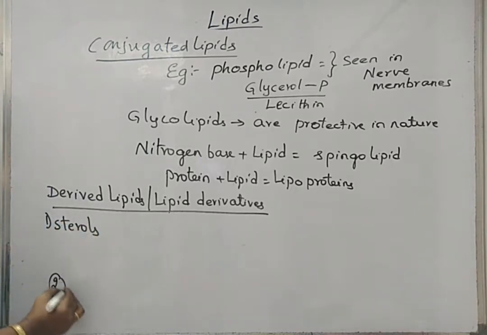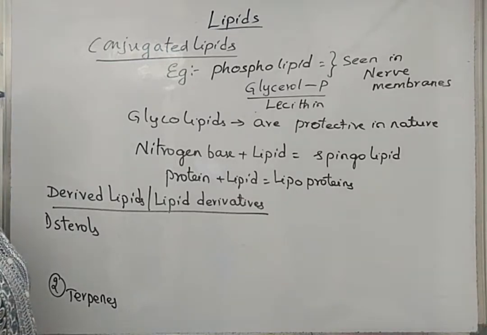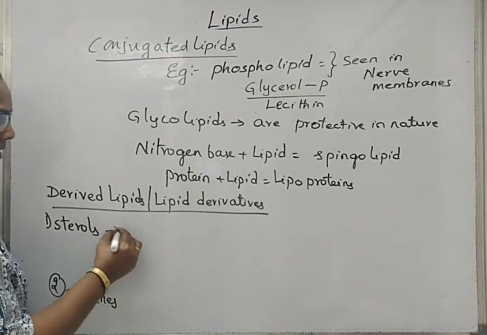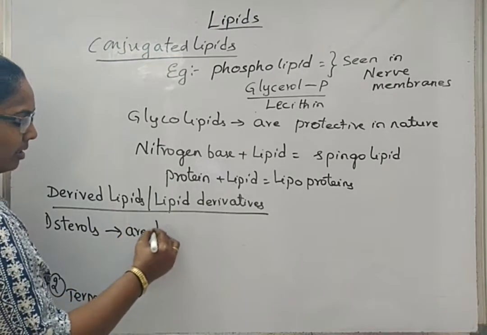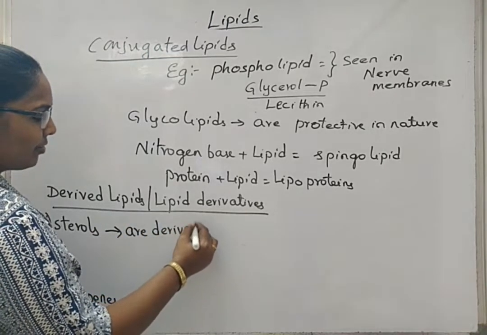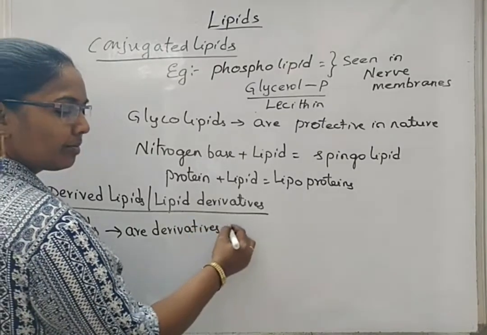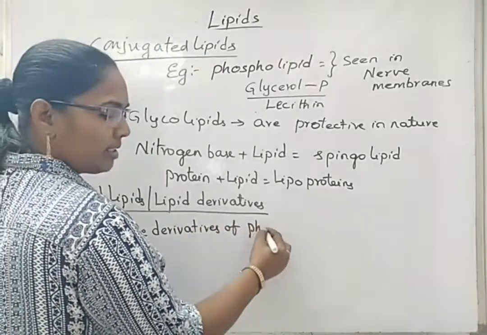Second one, terpenes. Sterols are considered to be derivatives of a type of compounds called phenanthrenes.